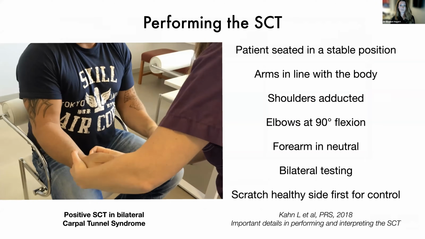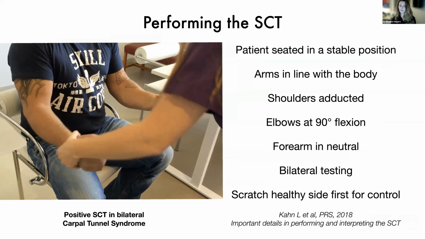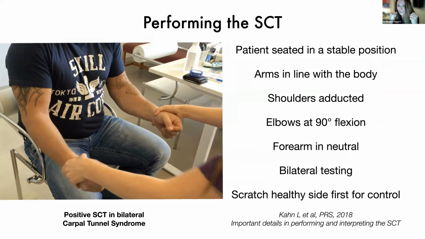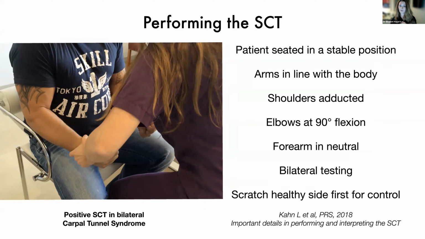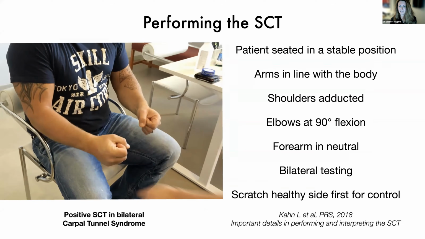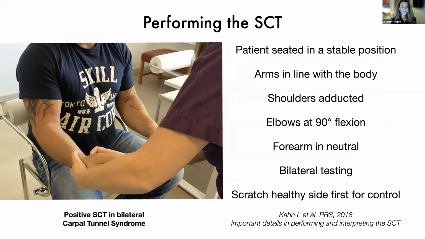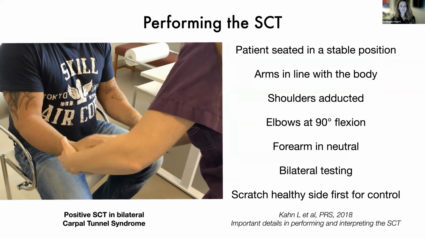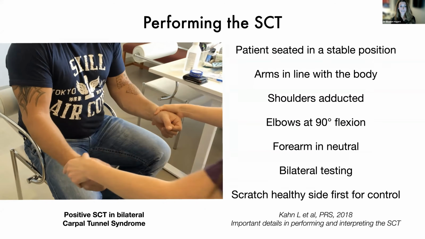So this is how you perform the scratch collapse. This is a patient who is a manual worker. You can see he really is a Viking with a lot of tattoos on his arm. He's got bilateral carpal tunnel syndromes. You have him seated robustly in a chair, arms in line with the body, shoulders adducted, elbows at 90 degrees of flexion, forearm neutral, and you do bilateral testing.